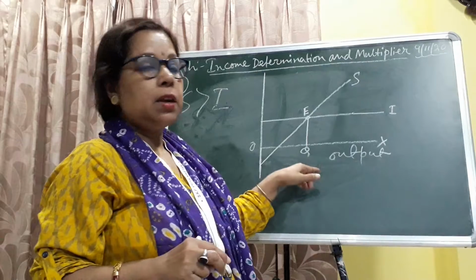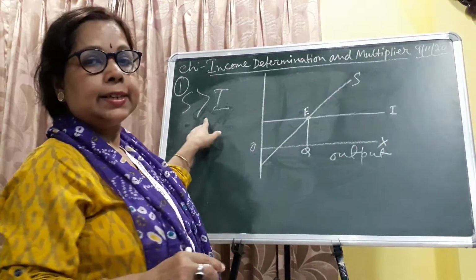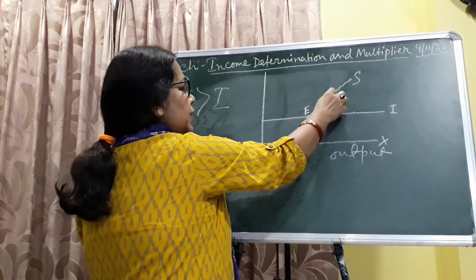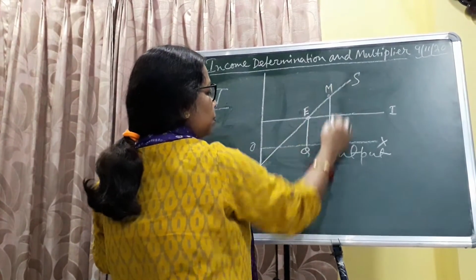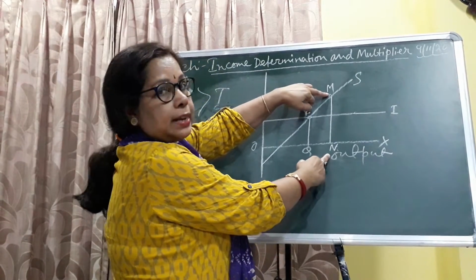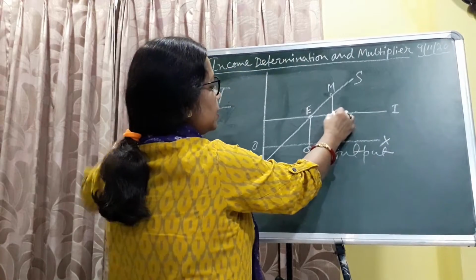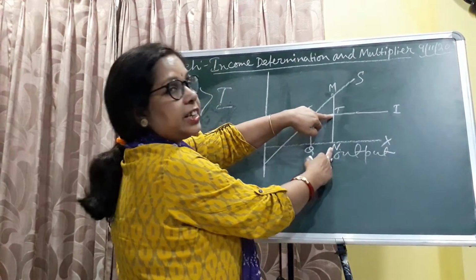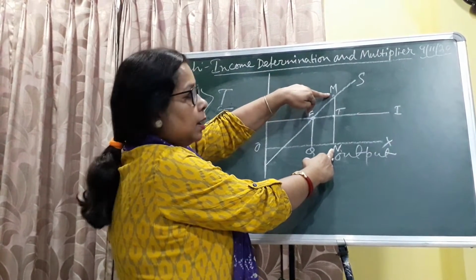It can be shown in this diagram: saving greater than investment occurs after point E. Here I am drawing the line. This is M and N; the line MN represents saving, and the portion NT represents investment.